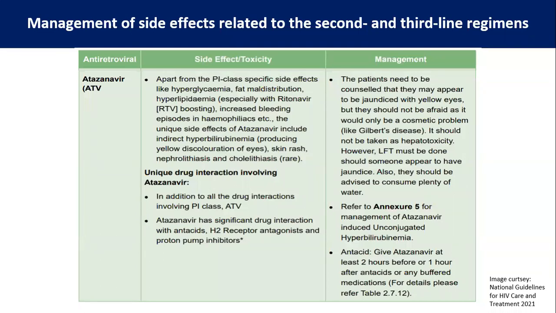And in case the patient is tolerating the yellowish discoloration, we should continue. But if the ALT and AST rise along with this yellowish discoloration, then we should stop, beyond AST, ALT more than 5 times or 10 times. Then, unique drug interactions involving atazanavir: in addition to all the drug interactions involving the PI class, atazanavir has significant drug interaction with antacids, H2 receptor antagonists, and proton pump inhibitors.